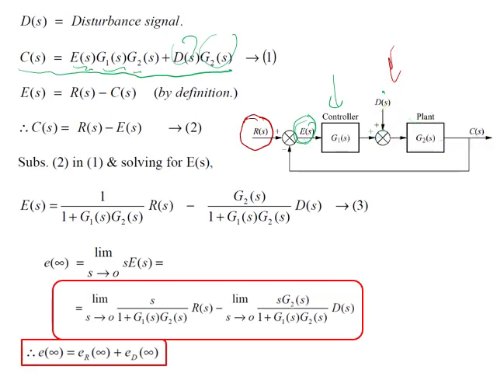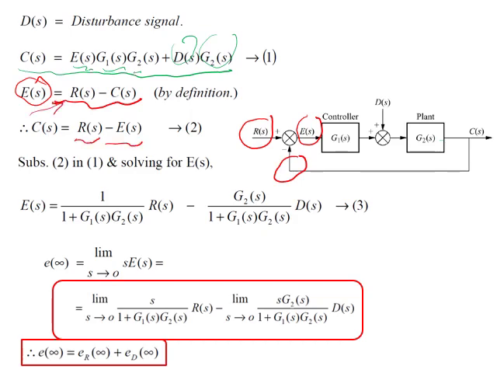Let us now evaluate the parts of the equation. If I want to calculate E, what is E? E(s) is equal to R(s) minus the output C(s), by definition. So if I rearrange this equation, C(s) will be equal to R(s) minus E(s).